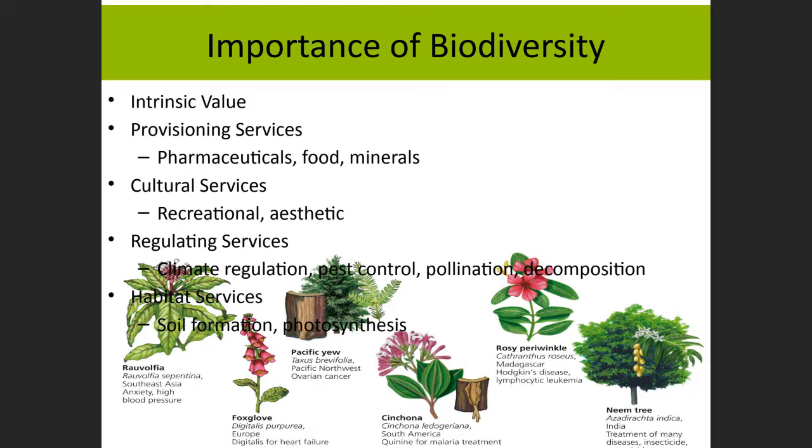Pollination: we depend on insects for pollination, and we depend on animals for decomposition. So all of these things are necessary to keep Earth running. All of these cycles are important.